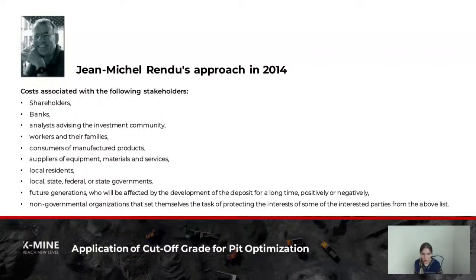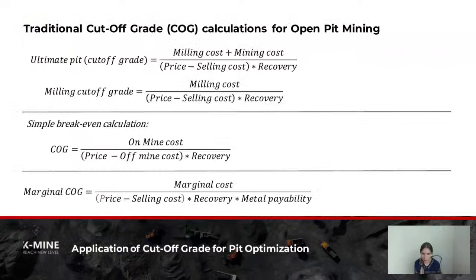Cut-off grade calculations take into account not only changes in NPV and cash flows in the form of direct cost and opportunity costs, but also other types of impact, including environmental, socioeconomic, ethical, and political factors. And in conclusion to this theory, we can say that the main goal pursued by Rendu was to maximize the NPV, which is attractive to investors and company owners, but the difficulty lies in the need for many iterations.